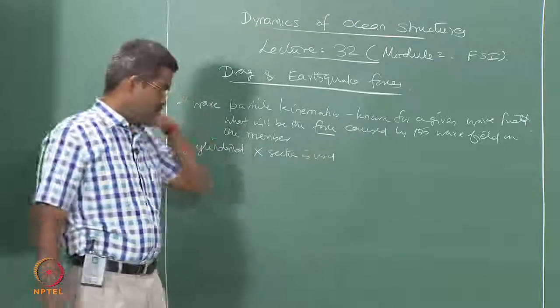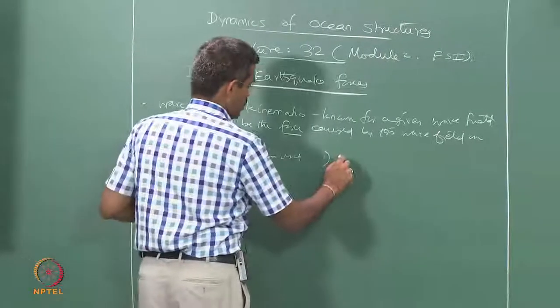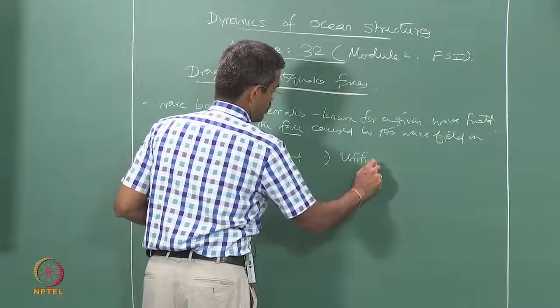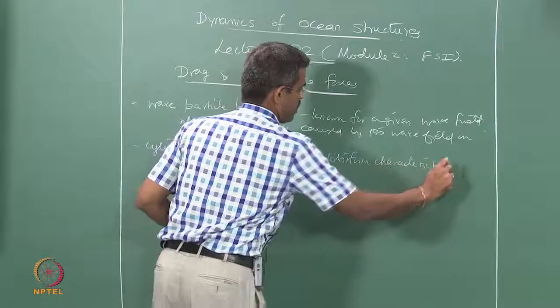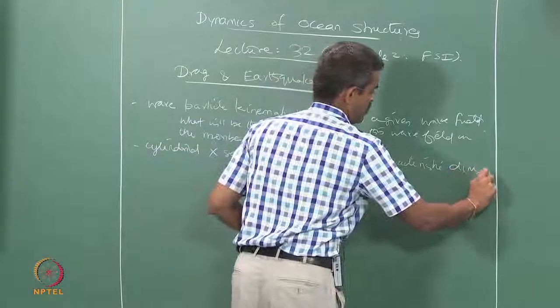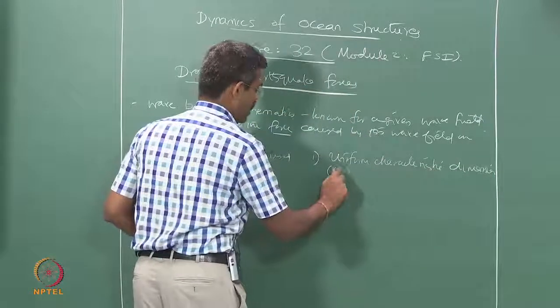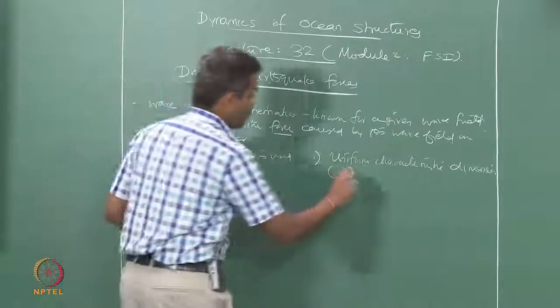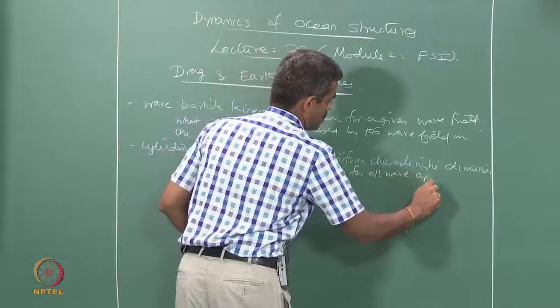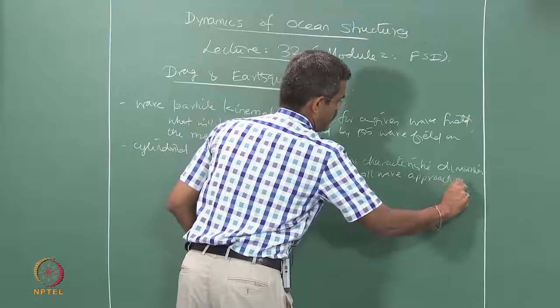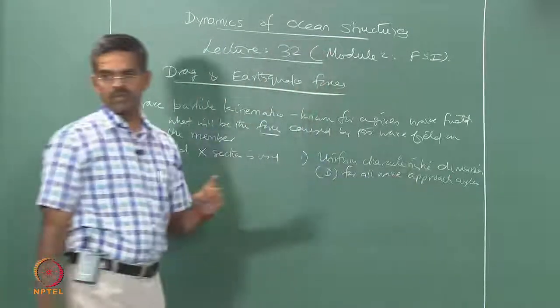Because of many reasons. The foremost reason, it has a uniform characteristic dimension, which is nothing but the diameter of the cylinder, for all wave approach angles. That is the foremost reason.